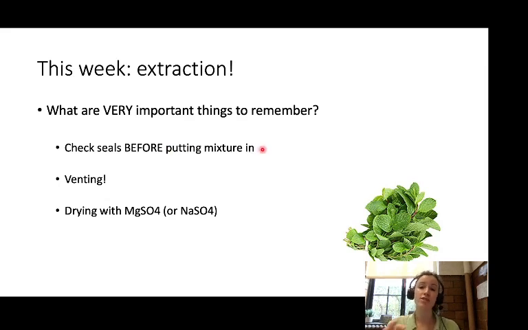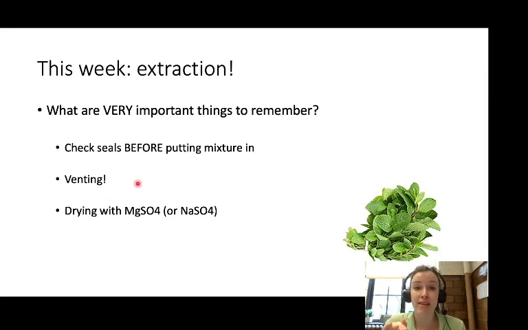First, as you build your sep funnel apparatus, you want to check all those seals before putting your extraction mixture in. If the seals are leaky, you're going to lose your extraction mixture and you'll have to start from the beginning. So what I recommend is put just a little bit of water in that sep funnel, shake it around, make sure that you don't see any leaking happening before you put your extraction mixture in.